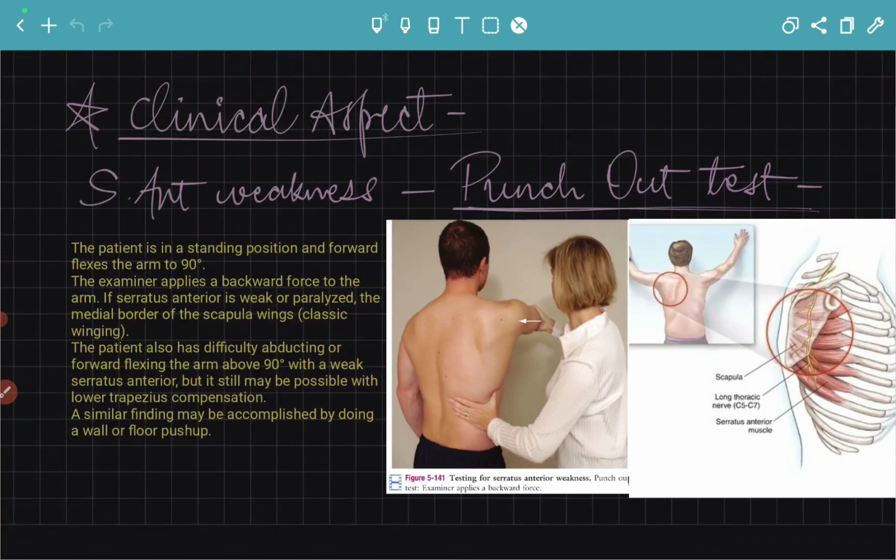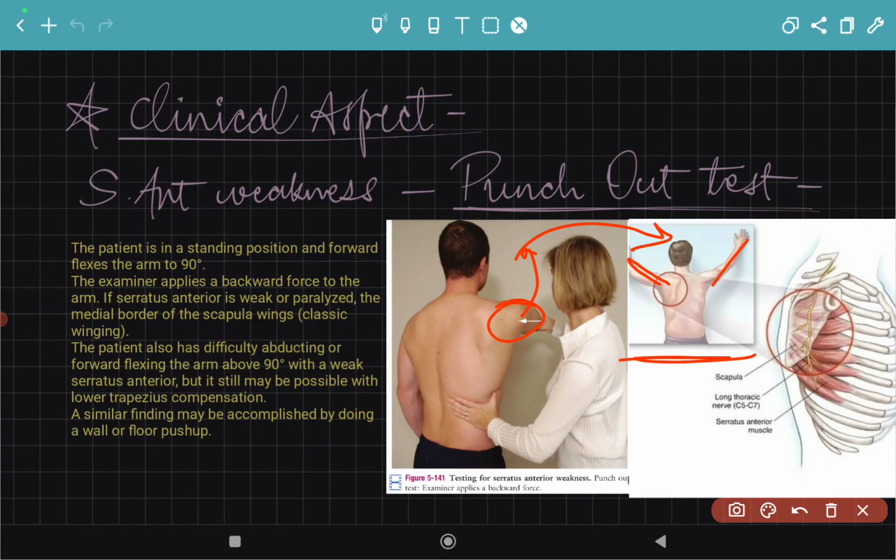Other than that, the patient will also have difficulty in abducting or forward flexing the arm above 90 degrees. Here we can see this is at 90 degrees, but above 90 degrees, as can be appreciated in this diagram, abduction or flexion will also be difficult with a weak serratus anterior, but it may still be possible because of compensatory movement by the lower trapezius.